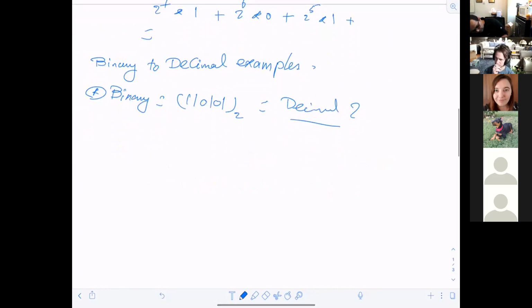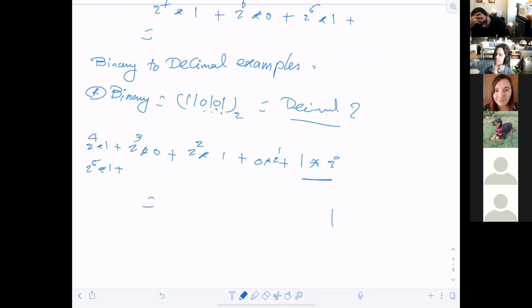In that case, I would say 1 times 2 power 0, 0 times 2 power 1, 1 times 2 power 2, 0 times 2 power 3, and then 1 times 2 power 4. Let's continue on this and finish it.